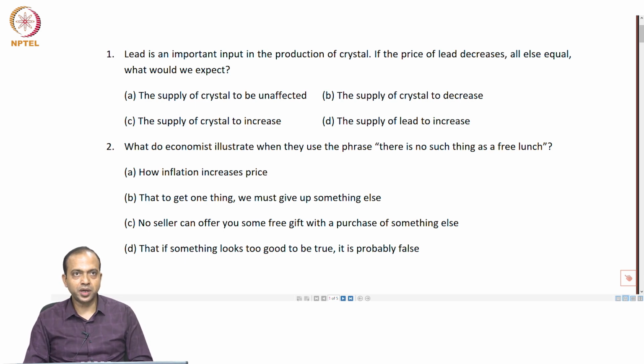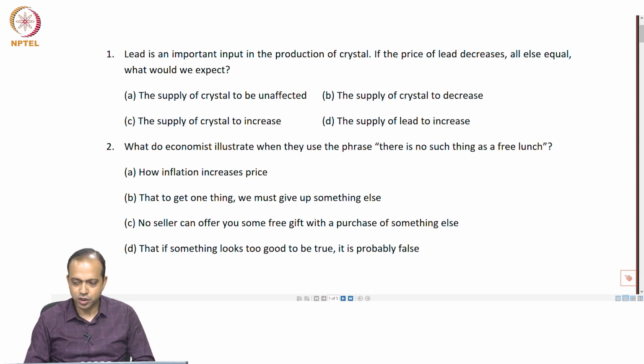So the first problem is: lead is an important input in the production of crystal. Now if the price of lead decreases, then all else equal, what would we expect? So that means when the input price decreases, what happens?